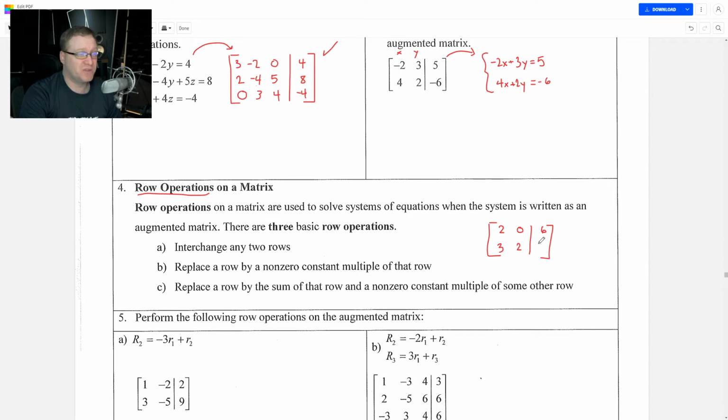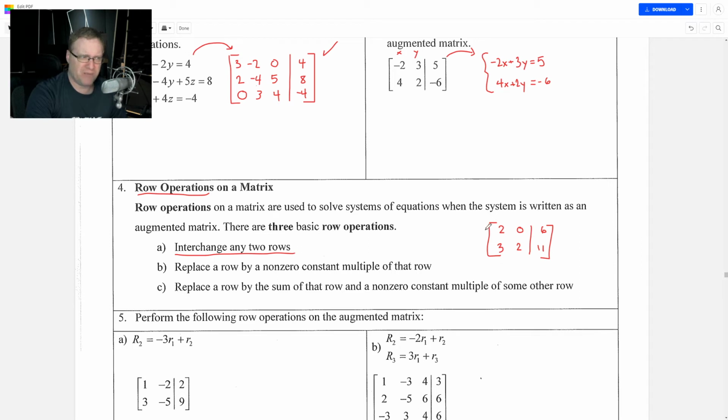Let's just put, let's say 11. All right. Okay. So let's say we have this matrix, this augmented matrix. Now, row operations are things that we can do to the rows that's not going to change the way this system of equations works. So, for example, I can interchange any two rows.